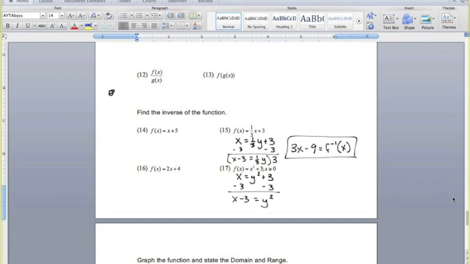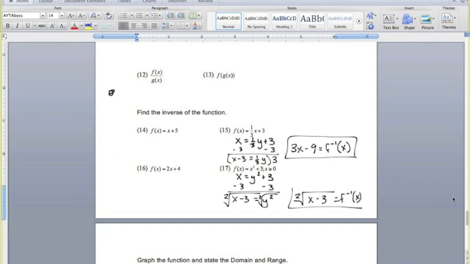And then what do I do to get y alone? Square root it. Undo the square with a square root. So then I get the square root of x minus 3 equals f inverse of x.